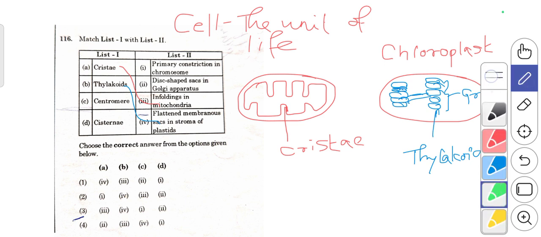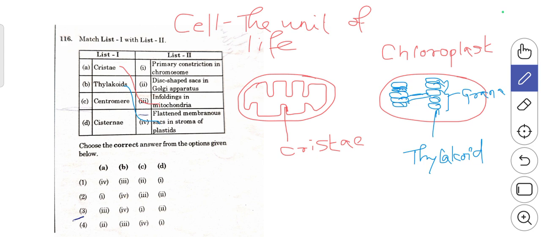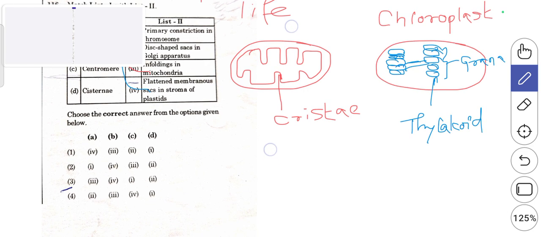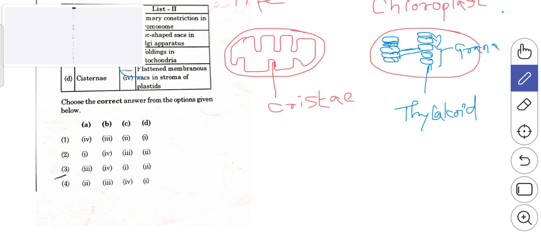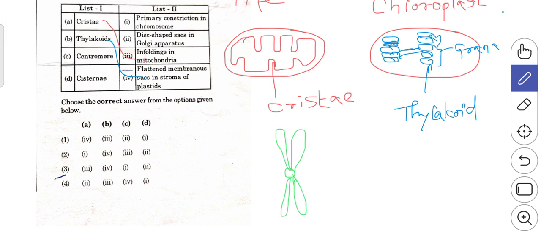Next one, they have given centromere. Let's discuss with the diagram. Consider this as a chromosome.